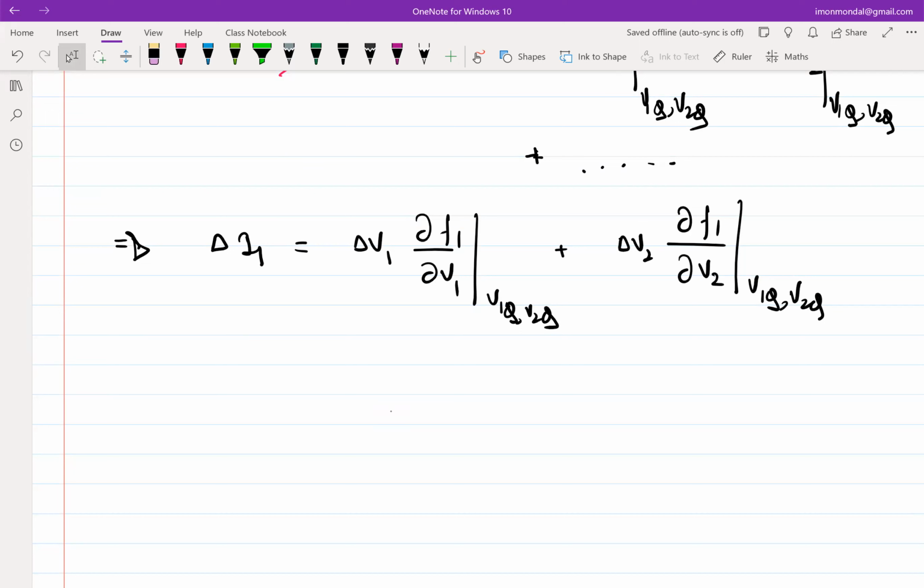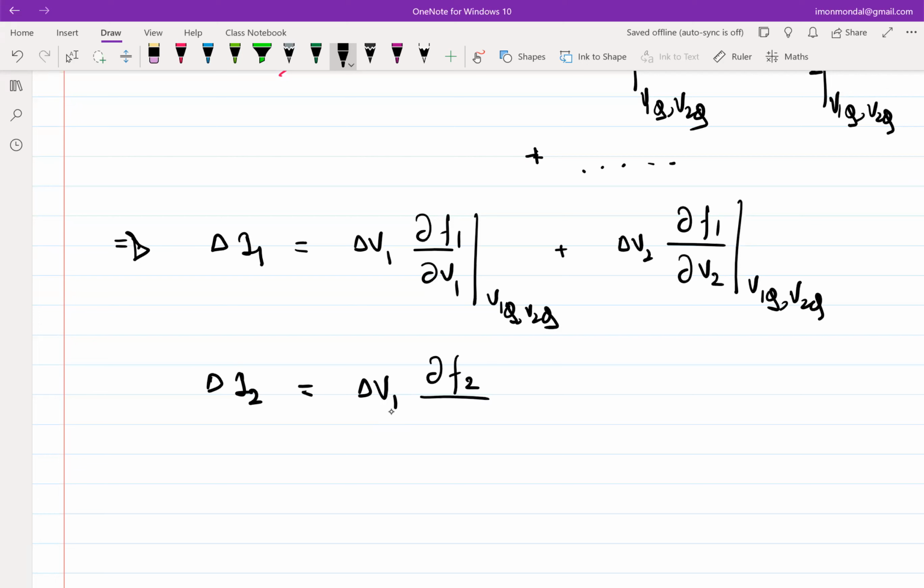Similarly, whatever happens in port 1, as far as algebra is concerned, happens in port 2 also. So I don't have to write the entire stuff again. I will simply copy. So delta I2 again will become del V1, but now the function is different for port 2.